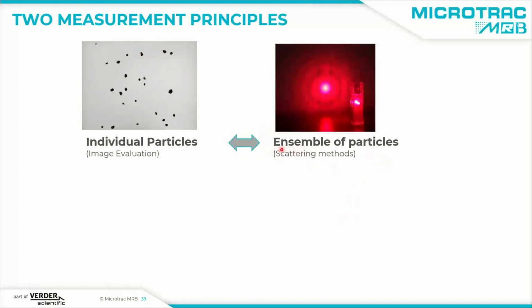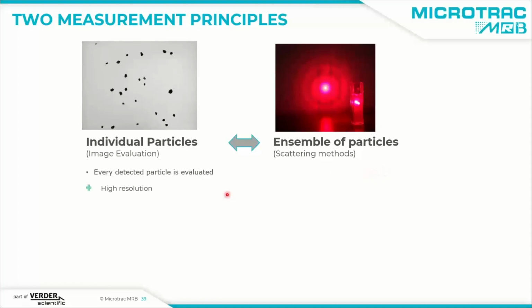With diffraction methods, you are always looking at an ensemble of particles, or a collective of particles. So the pattern that you see is generated by many particles of different size at the same time. And you need some mathematical assumptions and theories to recalculate to a size distribution.